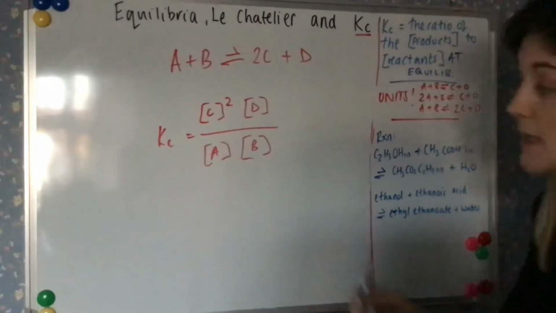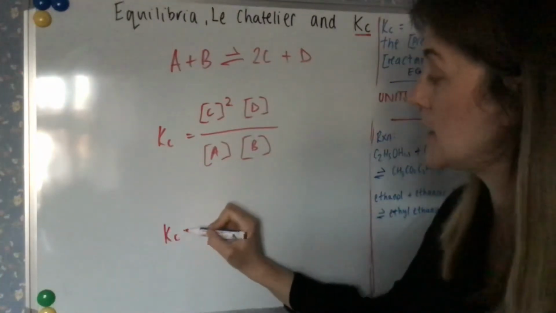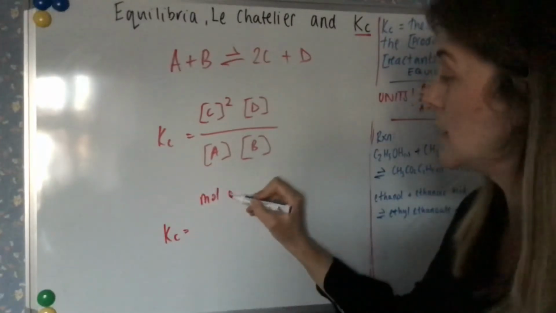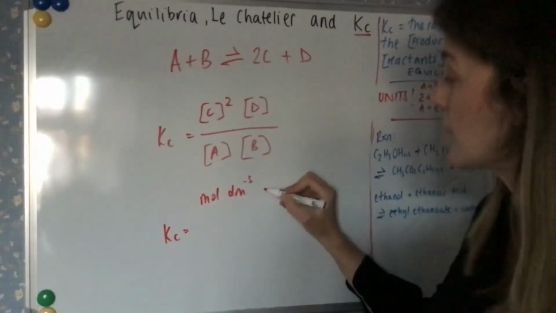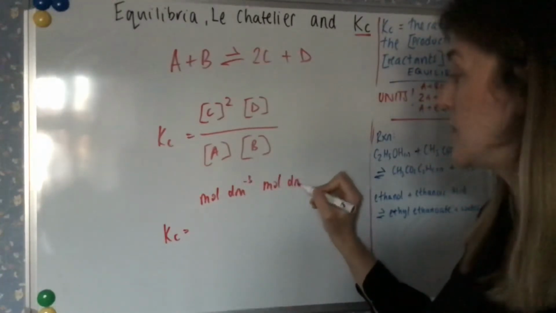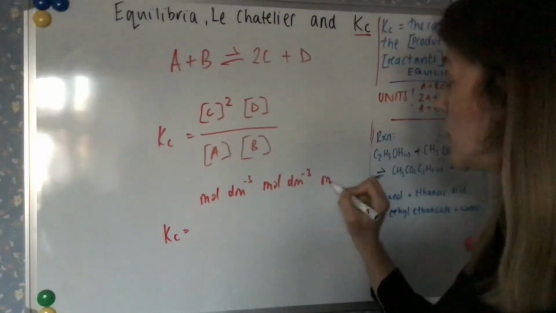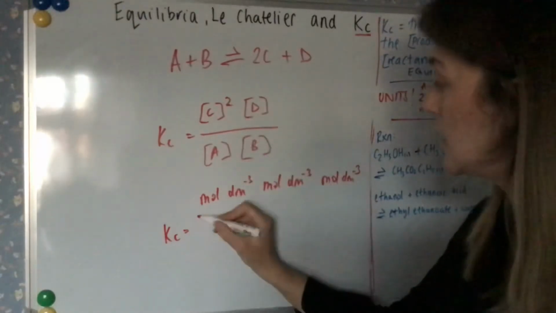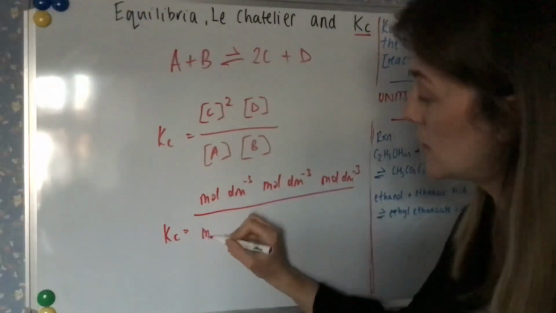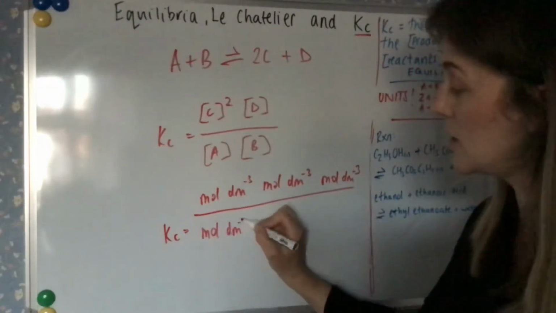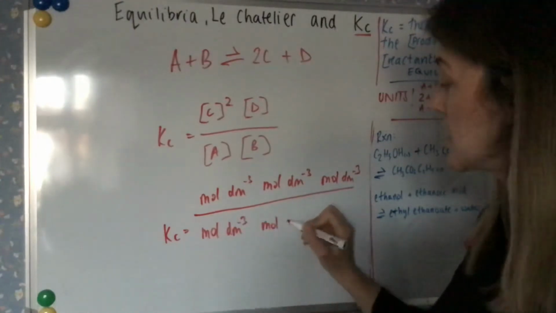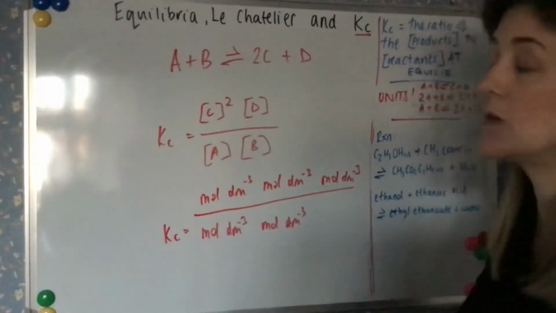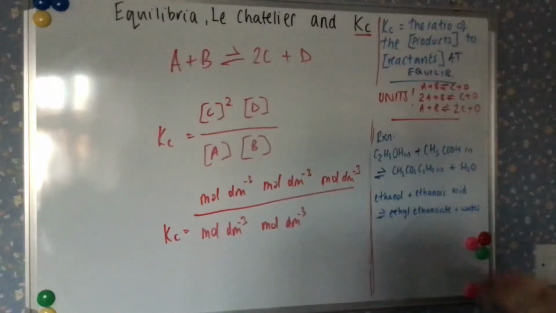Now let's look at units. So Kc is equal to moles per decimeters cubed, moles per decimeters cubed, moles per decimeters cubed, 1, 2, 3, all over mole per decimeters cubed, moles per decimeters cubed. It's really important that you get used to working out these units for this topic and for other topics next year as well.